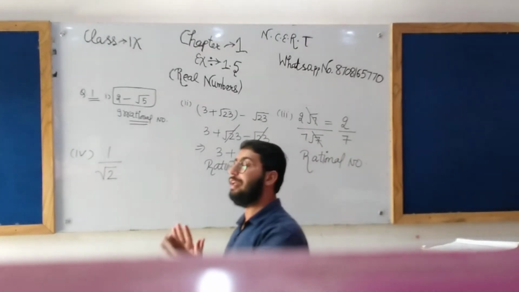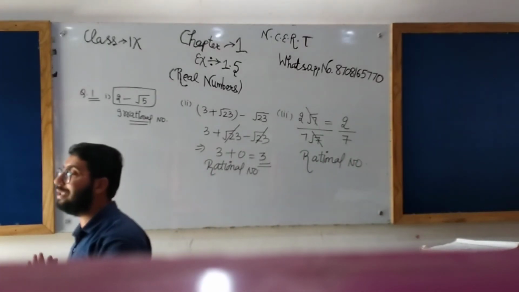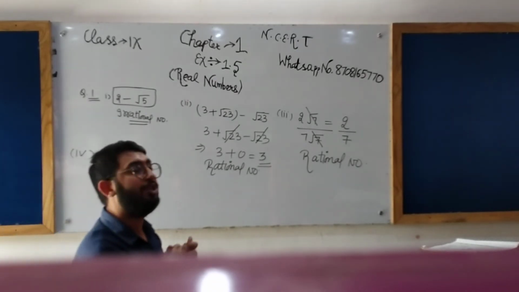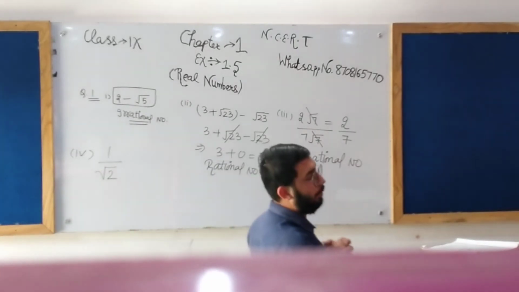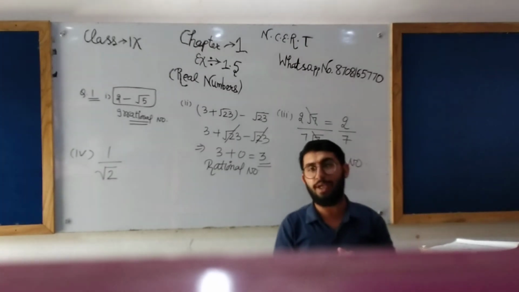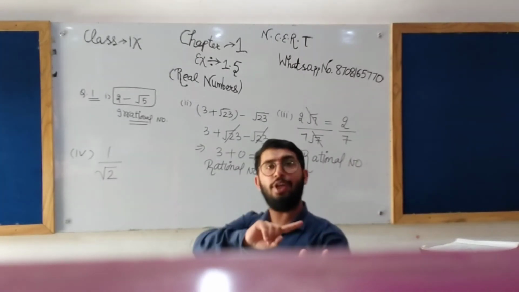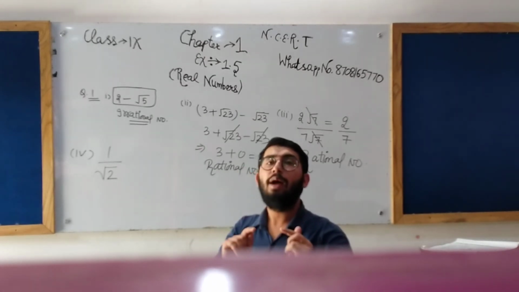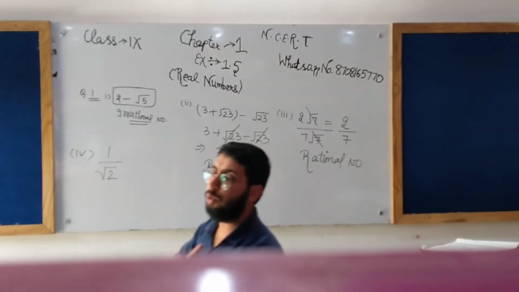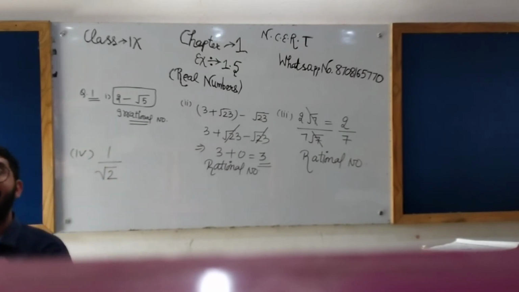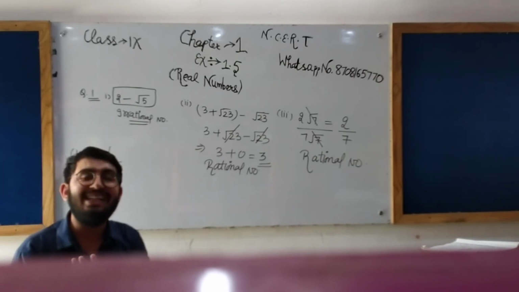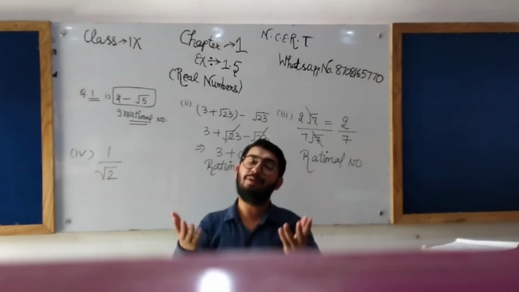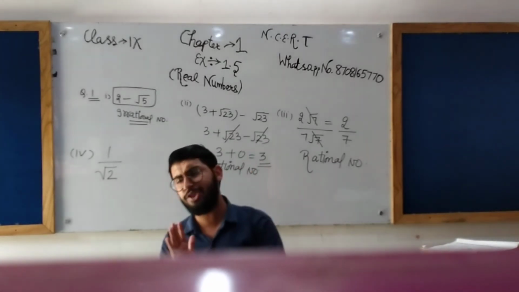And in case of an irrational number, I told you that the number which can be written in the form P by Q, that is numerator over denominator, where either P or Q or both are not integers, is an irrational number.